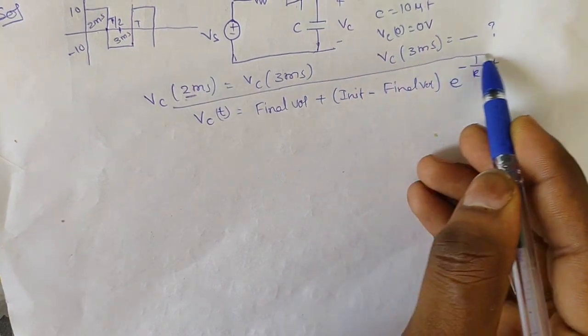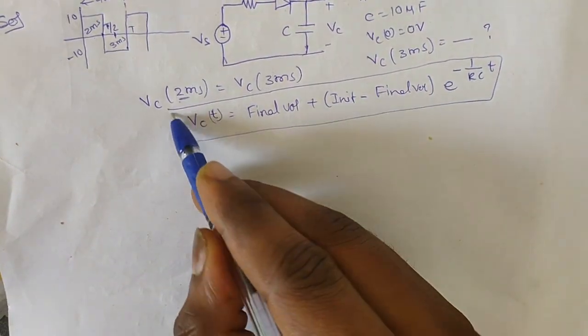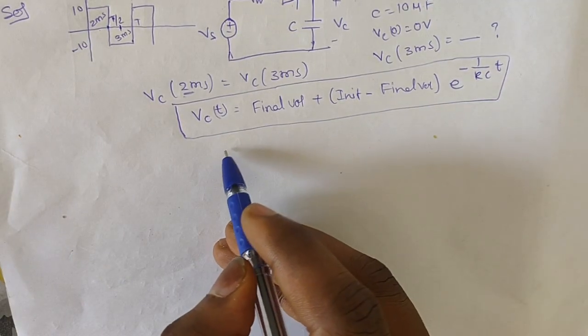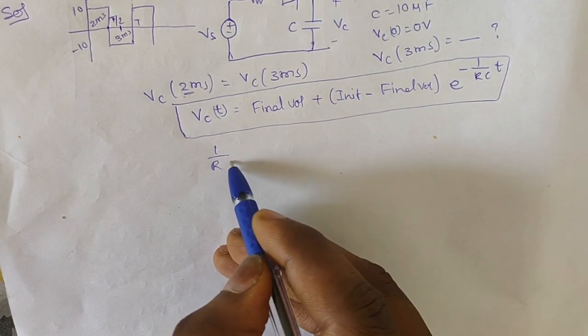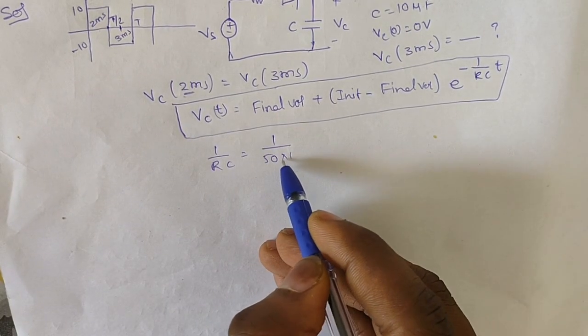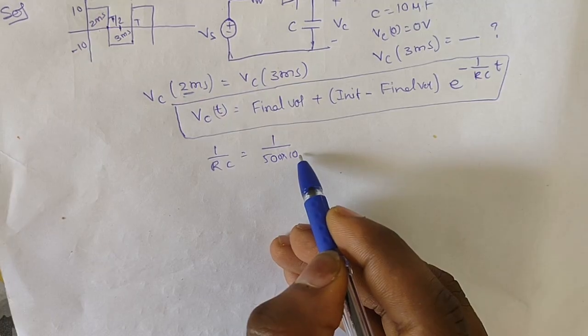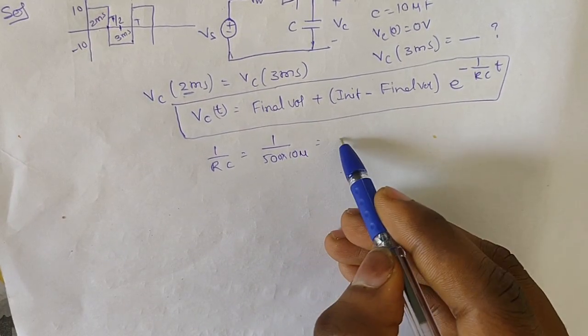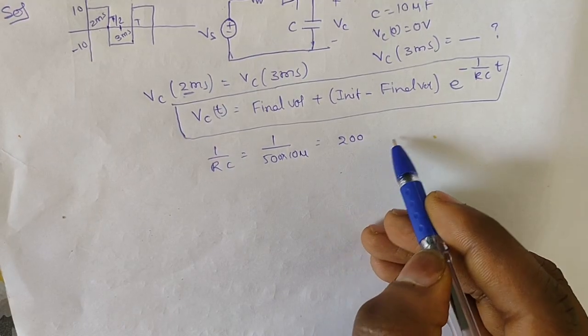This is the standard equation. From this, the 1 by RC value is 1 by (500 into 10 microfarads), which equals 200.